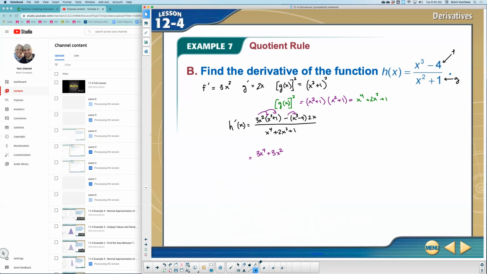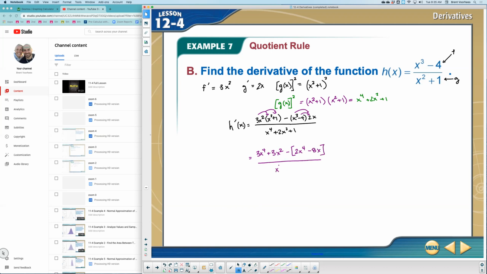What I'm going to do is just distribute this portion and write it in a new bracket here. So we have x cubed times 2x, which would be 2x to the fourth, and I put the minus right there. And now I will have negative 4 times 2x, which is negative 8x.